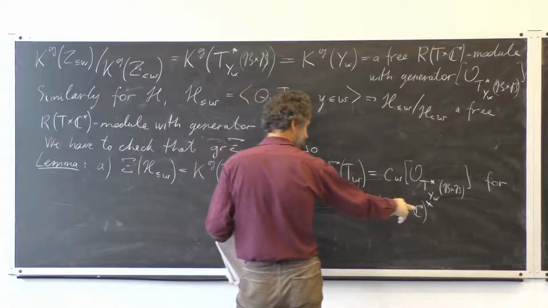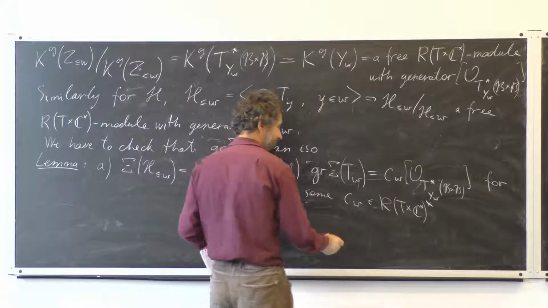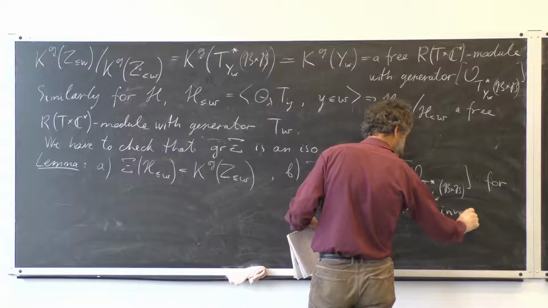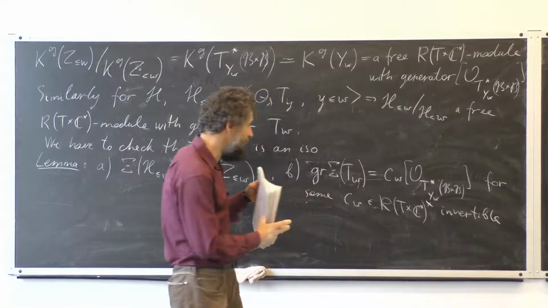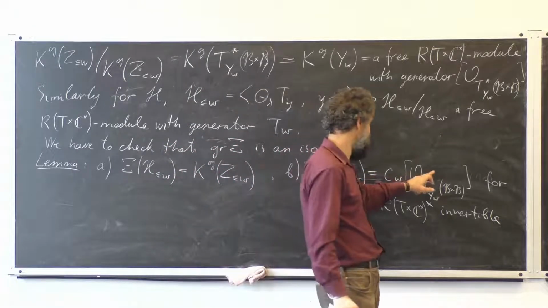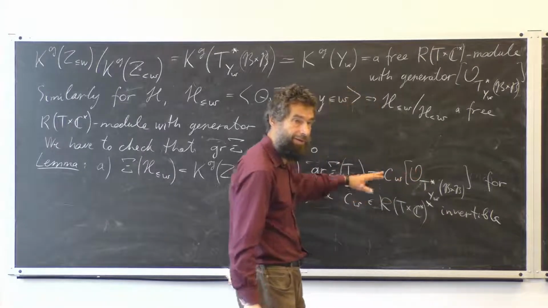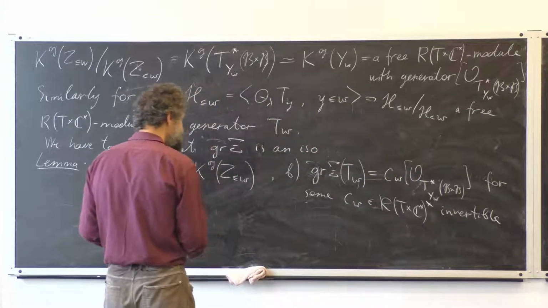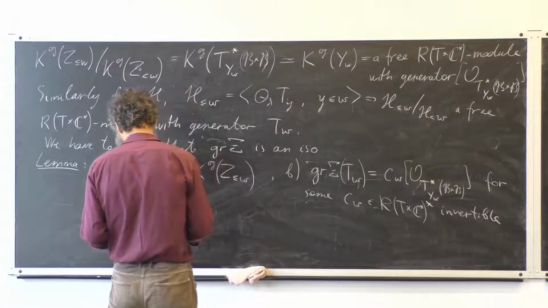Okay, so it's an invertible element, so it's essentially just a character. Okay, in other words, the image of this T_w will be not necessarily the structure sheaf, but the class of some equivariant line bundle. And then it doesn't matter because it is also a generator. Fine.